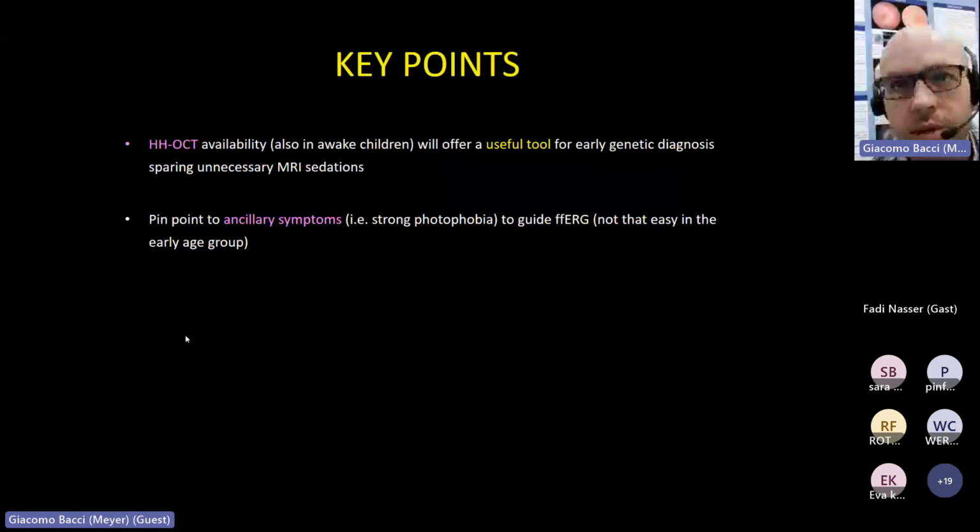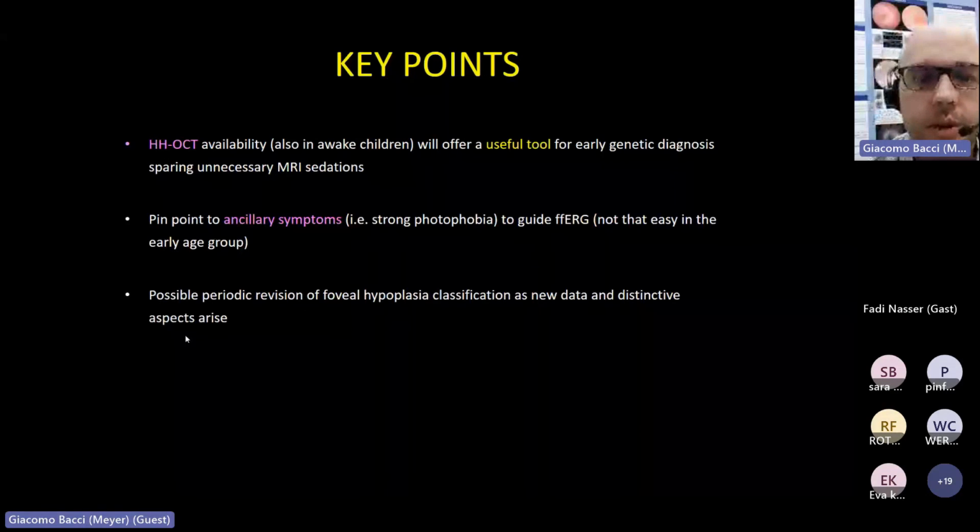Possibly over time it will be necessary to revise the classification, because new data, new papers, new studies will bring more knowledge about it. But today it is very good from a clinical practical point of view.